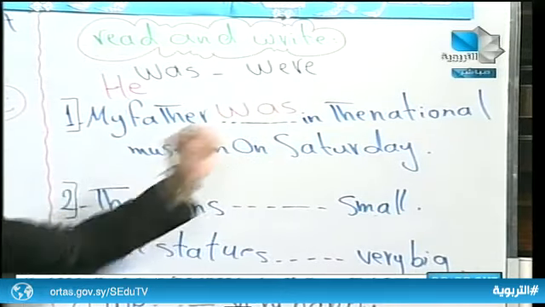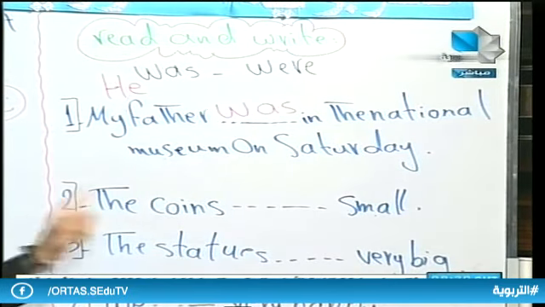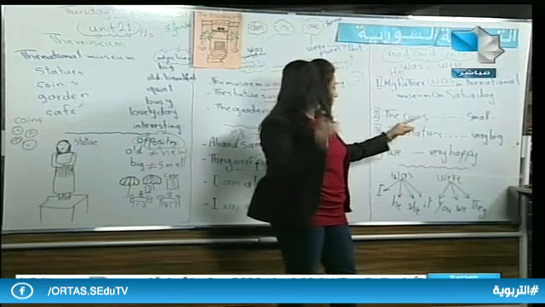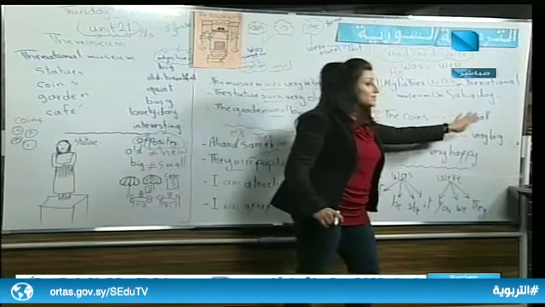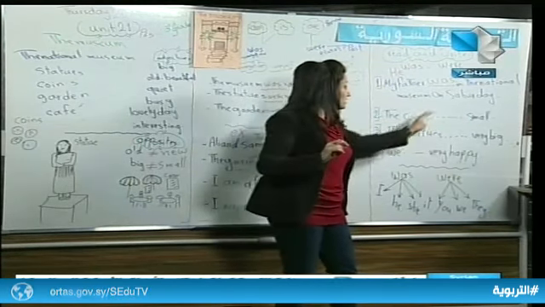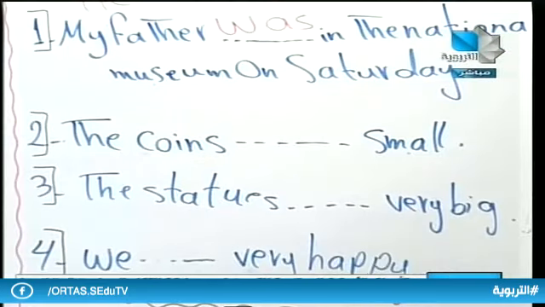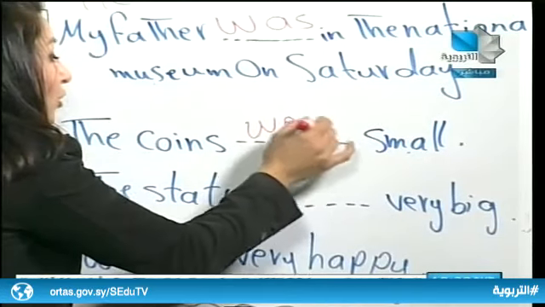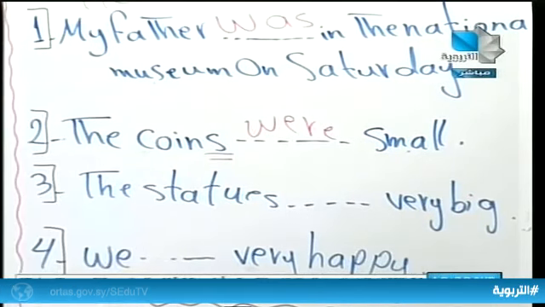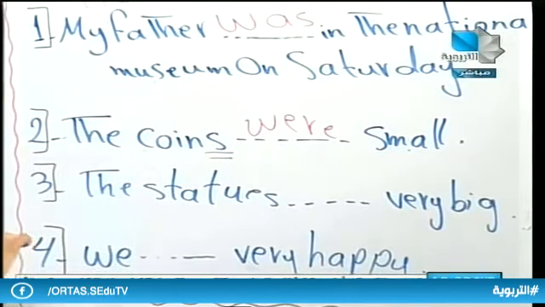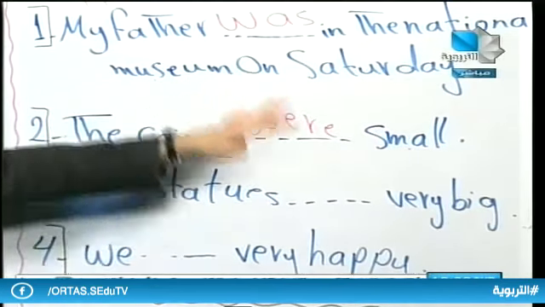My father was. The coins, plural, many coins. The coins, small. Was or were? Okay, were. Because coins, plural, we can say the coins were small.